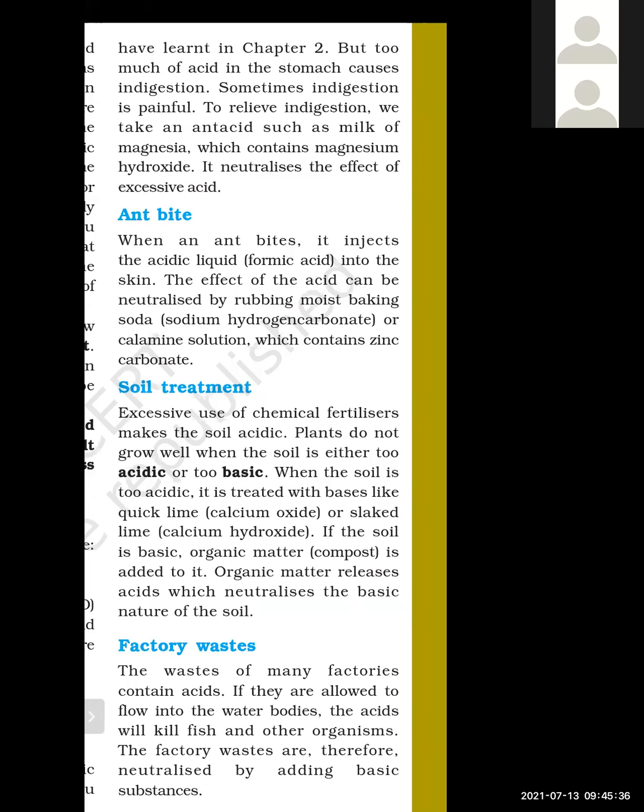The scientific name is magnesium hydroxide, and as you know, all hydroxides are bases. When this milk of magnesia reacts with the hydrochloric acid in our stomach, it neutralizes the effect of the excess acid, and after some time we feel relief.